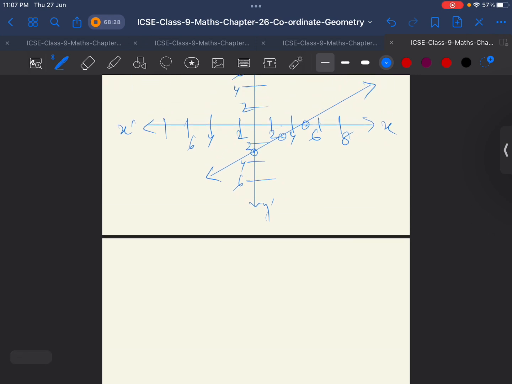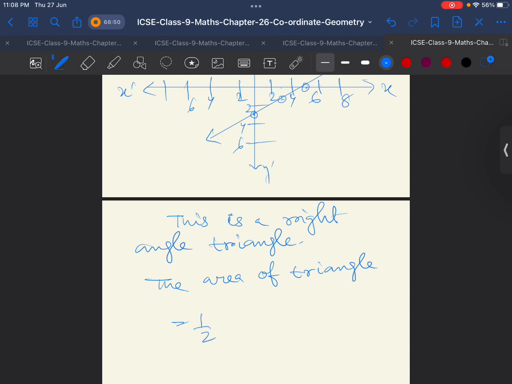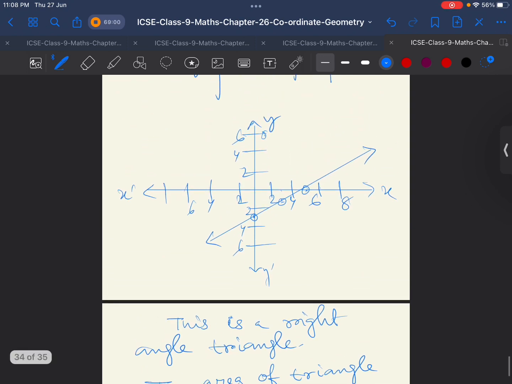So we get a right angle triangle, and the area of the triangle is half into base into height. This is the right angle.